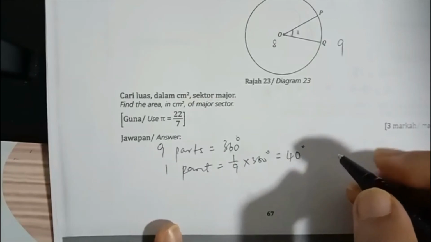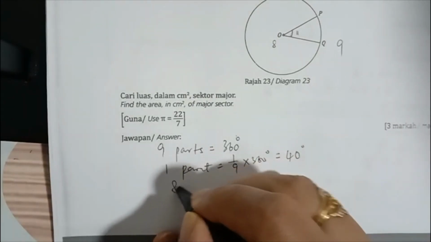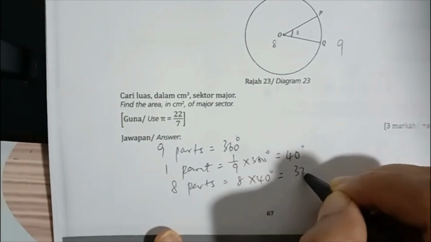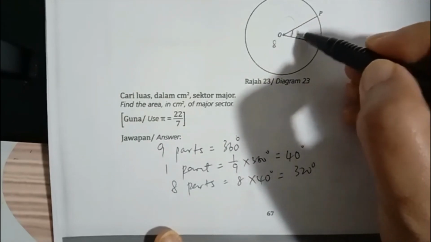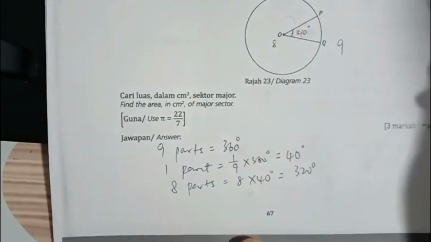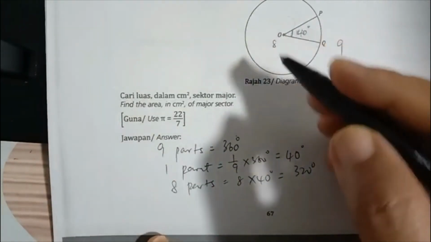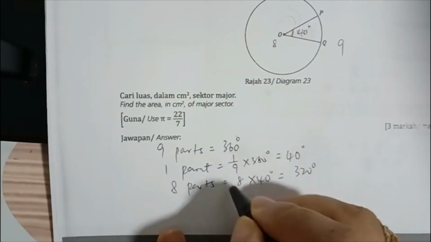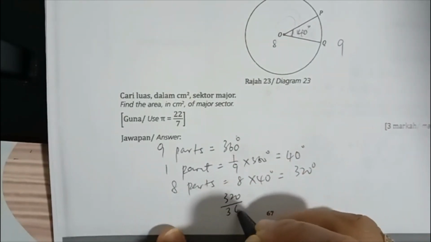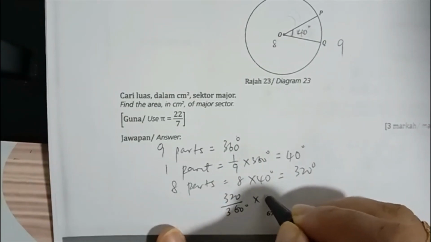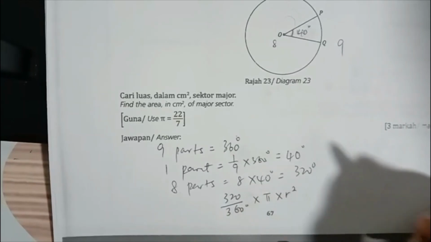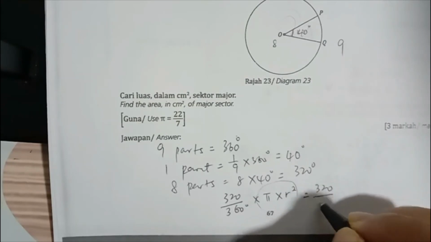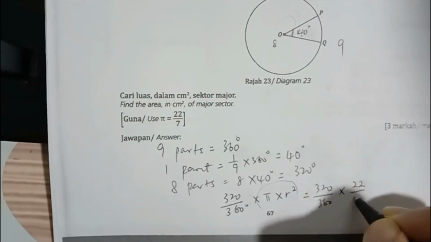So area of major sector. For 8 parts, 8 times 40 is 320. Or you take 360 minus 40. So the area for the circle is pi r squared. So 8 parts is the major sector. So 320 divided by 360 times pi times r squared. This is for one complete circle. So 320 over 360 times 22 over 7.